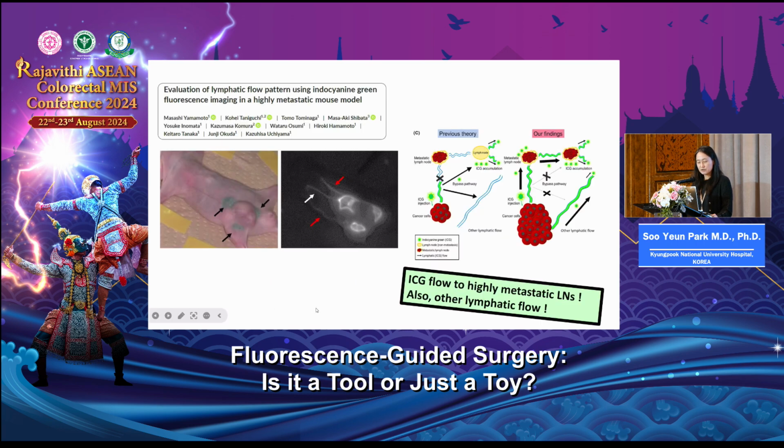And there is a limitation to evaluating lymph nodes using ICG. In the initial stage of metastasis, lymphangiogenesis is the main change in the lymph node, so we can see the metastatic lymph nodes like this.